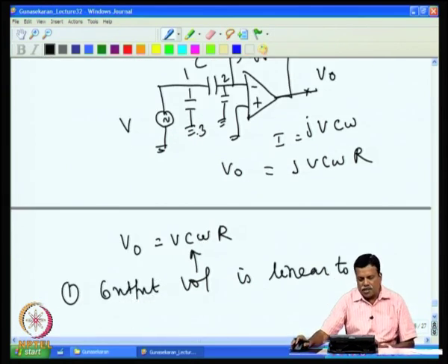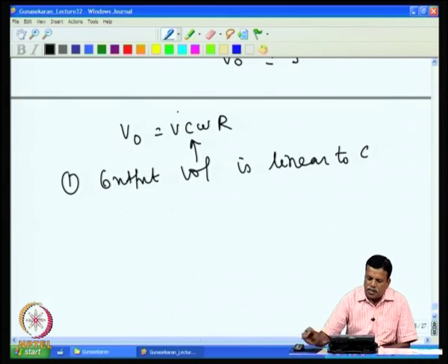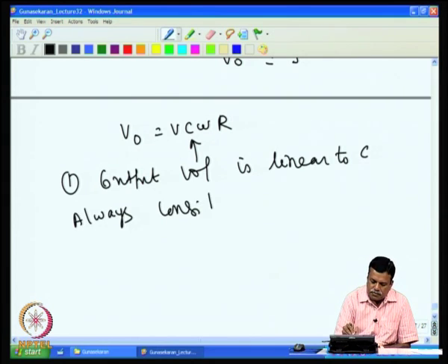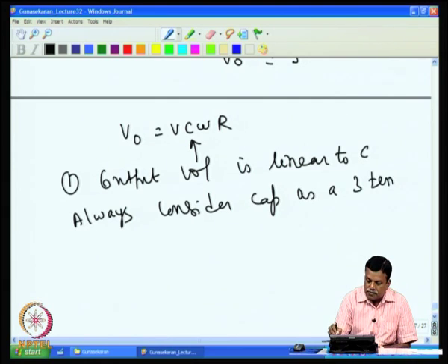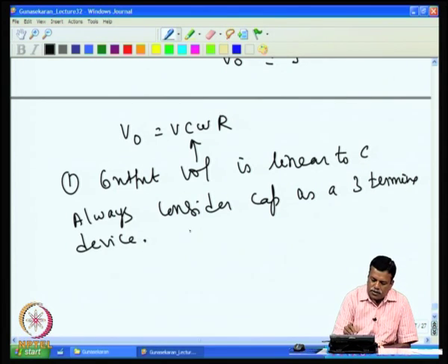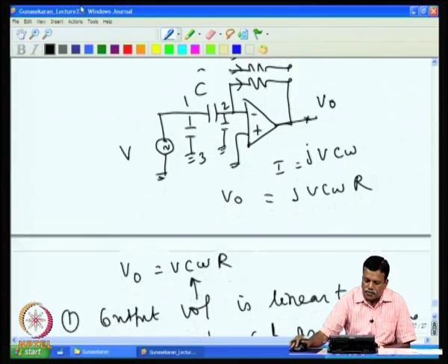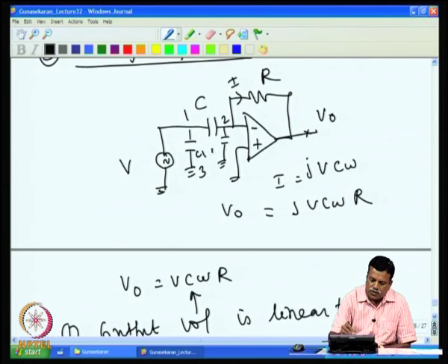So always consider a capacitor as a 3 terminal device. This brings 2 stray capacitances, C1 and C2.